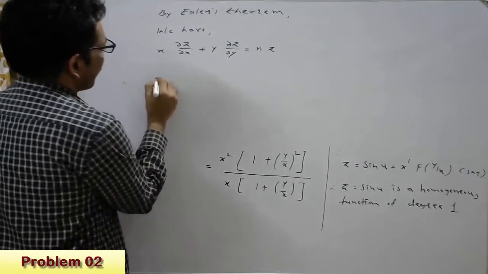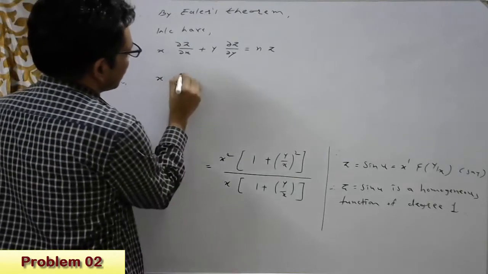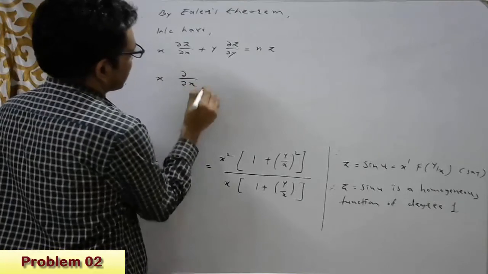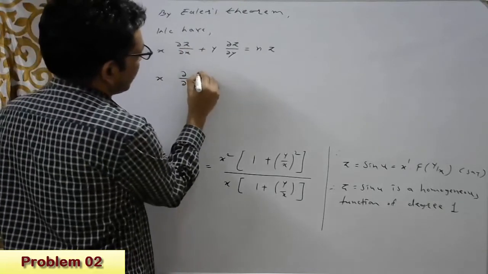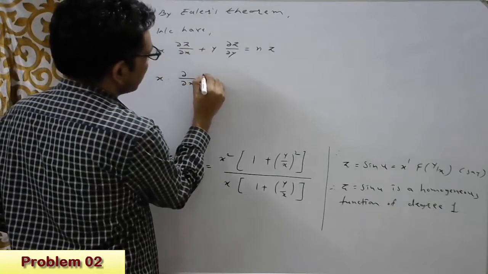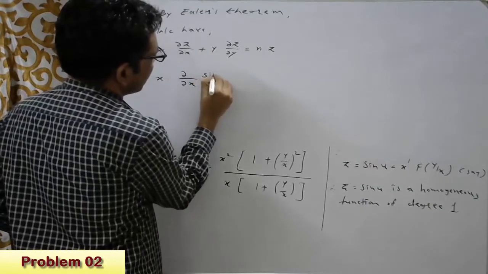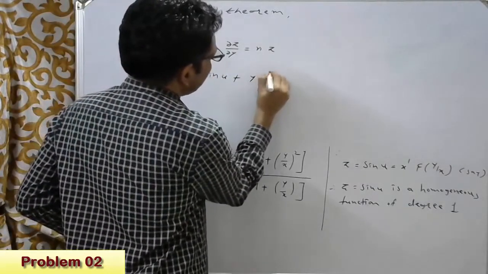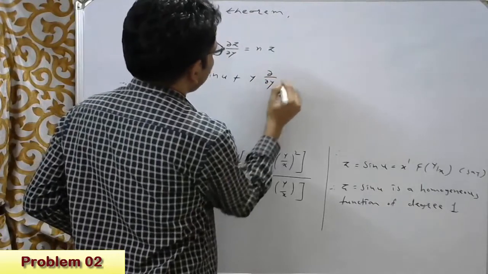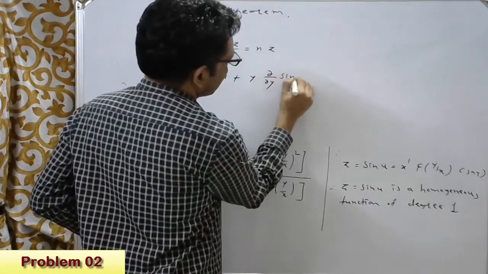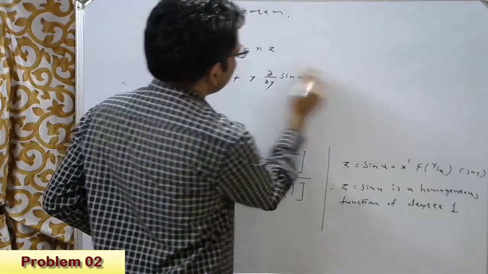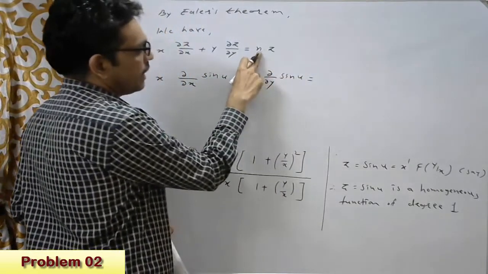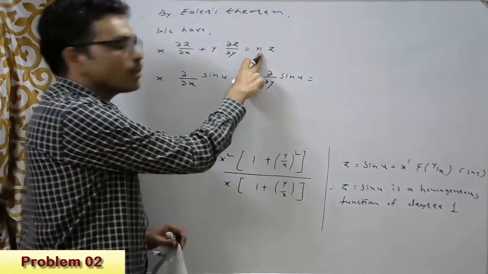Therefore, x into del by del x of z, that is sine of u, plus y into del upon del y of z, is equal to n into z. Here n represents the degree of that homogeneous function.